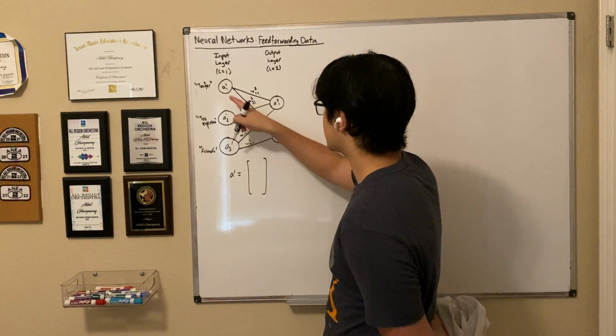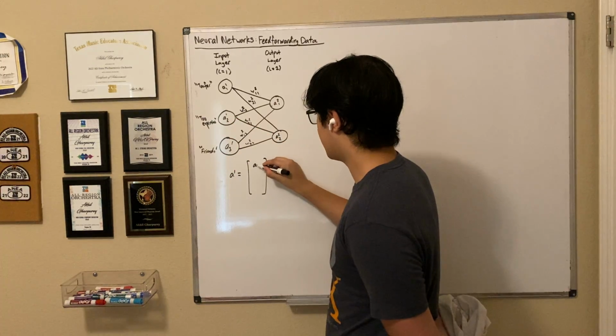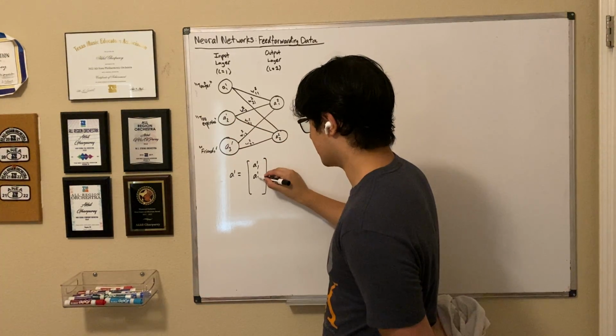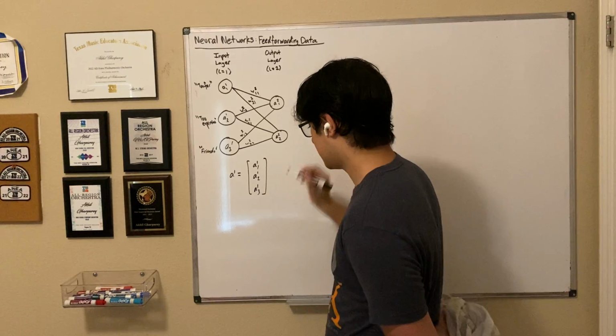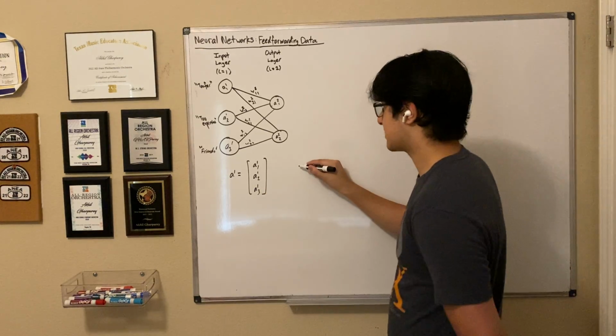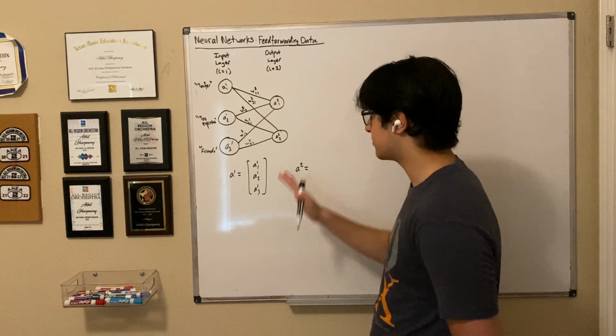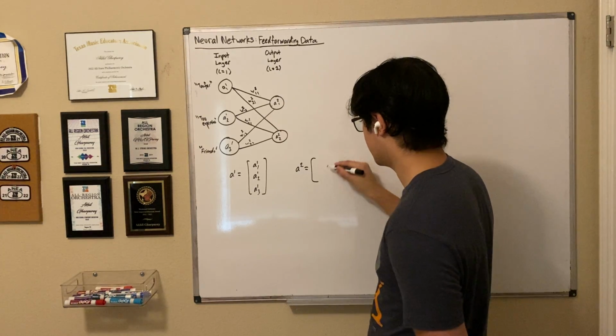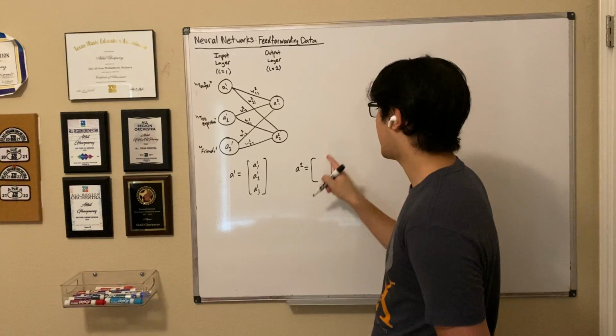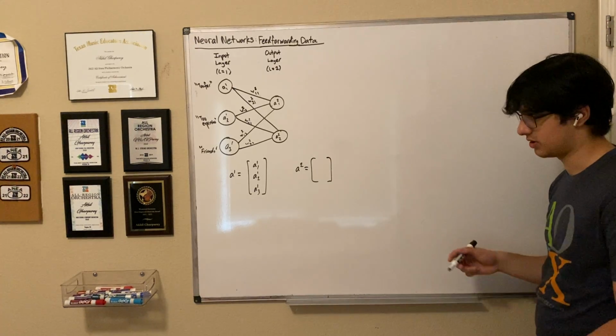And each of these components are just going to be the activations for each neuron in that layer. And the activation vector for the second layer, for the output, is going to be a 2x1 matrix, or a 2x1 vector.